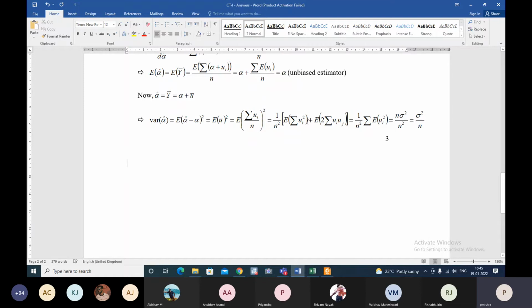And then as you take mathematical expectation, this expectation operator will get inside the summation, and then I will have 1 by n square into expectation of ui square, and expectation of ui uj is equal to 0 by assumption. So I will have this as sigma square, and I am summing it over n. So it will be n into sigma square divided by n square, which will be equal to sigma square by n.